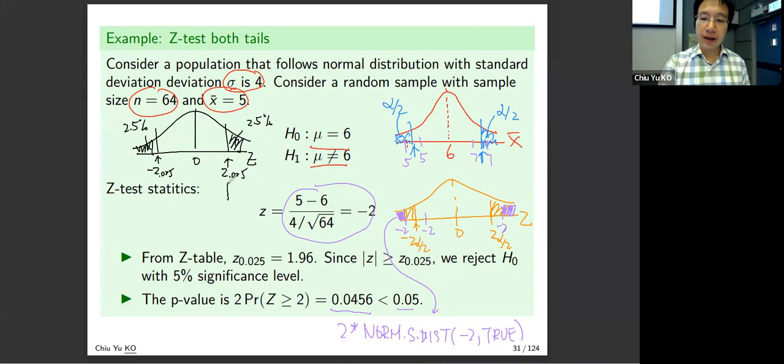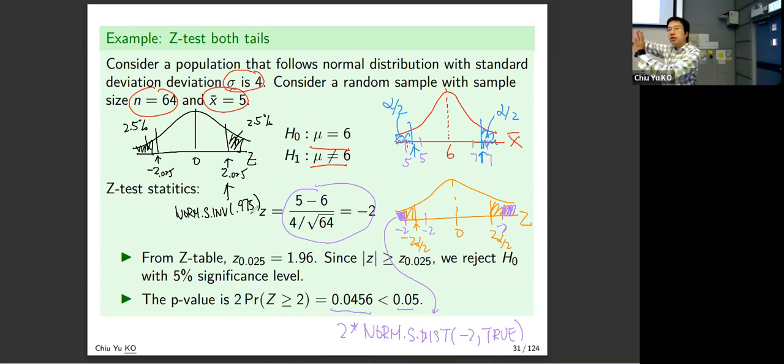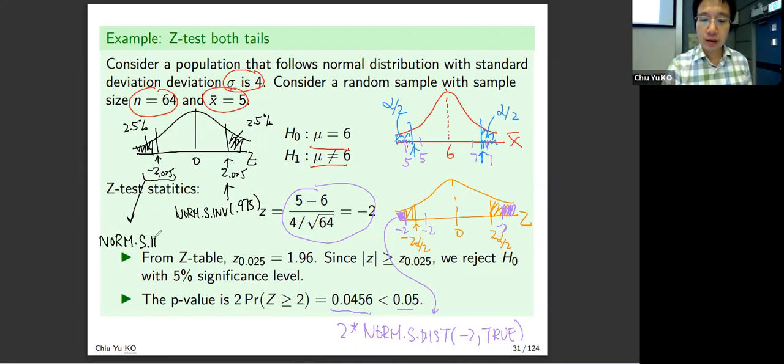You can either do this by norm.s.inverse of 0.975, right? Because the right-hand side is 2.5%, the left-hand side must be 97.5%, right? Or you can directly calculate this one again, the same. This is equal to norm.s.inverse of 0.025.